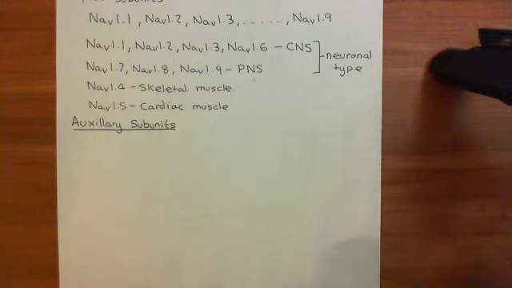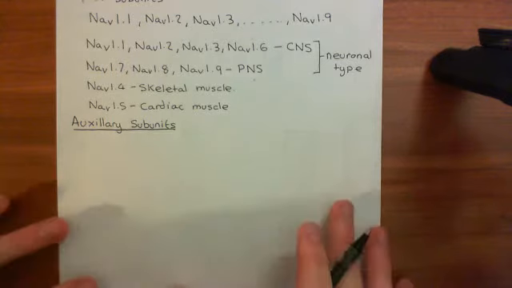The auxiliary subunits bind to the outer aspect of the voltage-gated sodium channel alpha subunit, and they can moderate its properties to an extent, and they can also guide it to certain portions of a cell's membrane. So the function of the auxiliary subunits is mainly to control where the voltage-gated sodium channels are actually positioned within the cell.